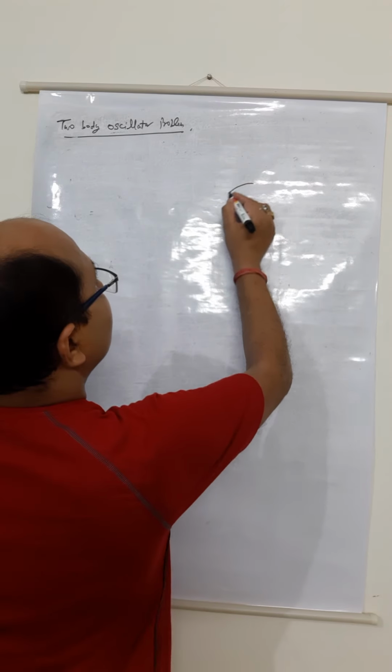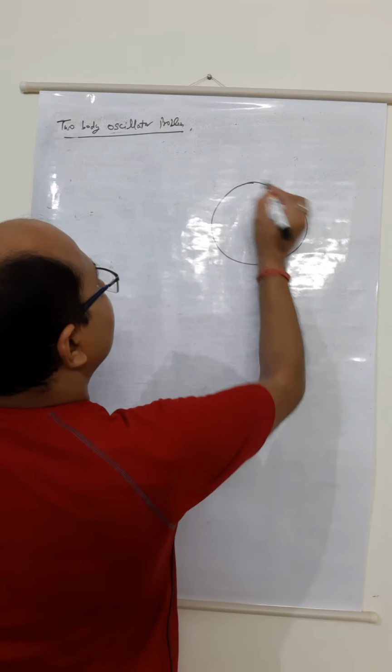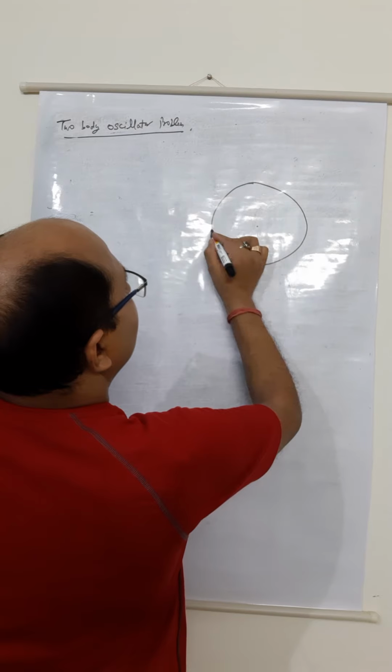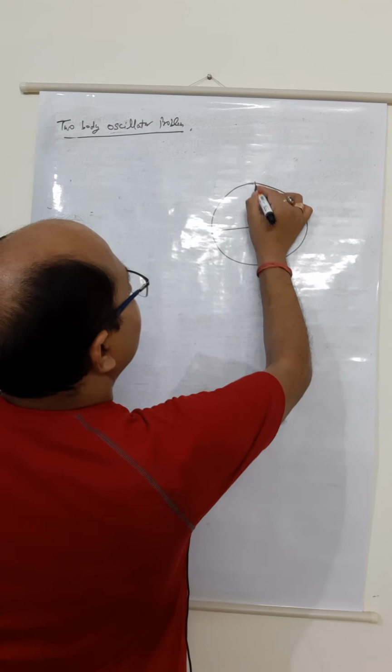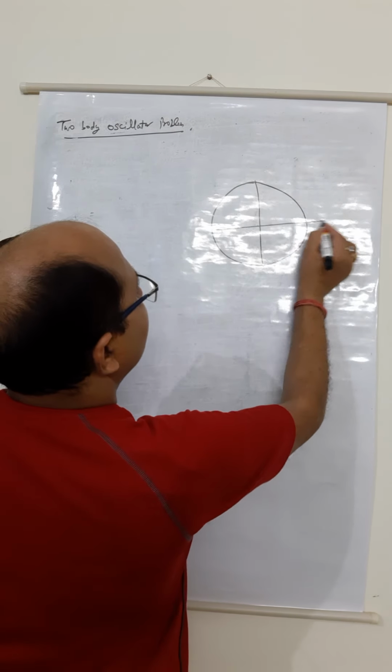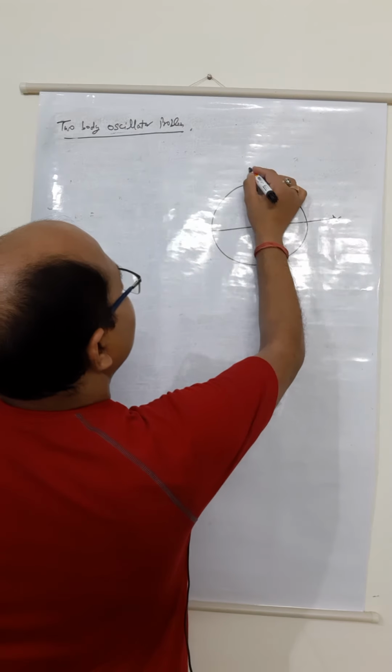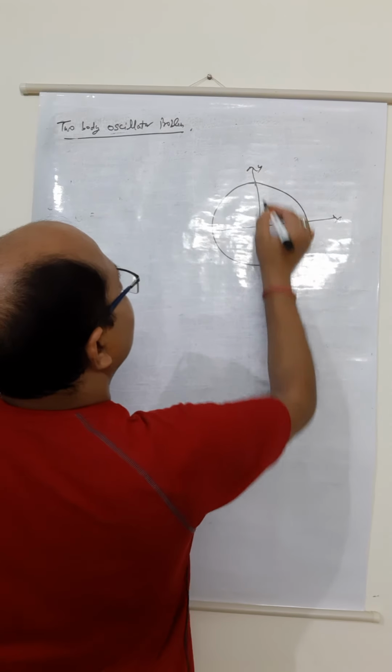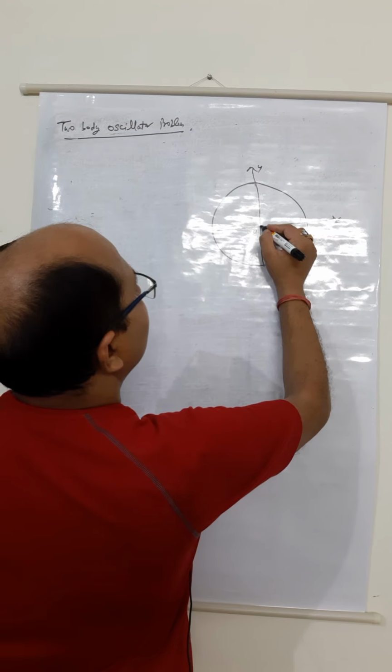Suppose this is a circle of radius r in a plane. This is the x-axis and this is the y-axis. This is the origin.